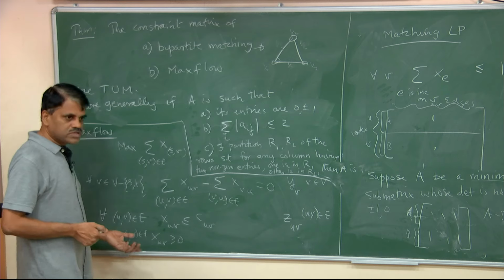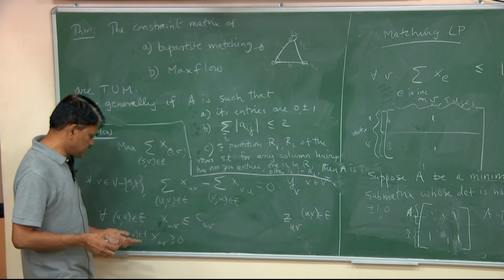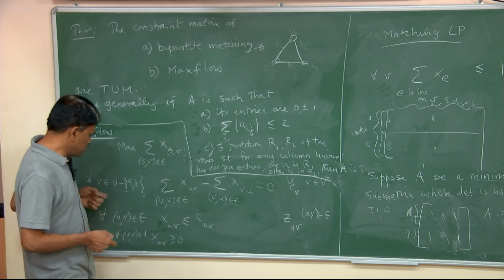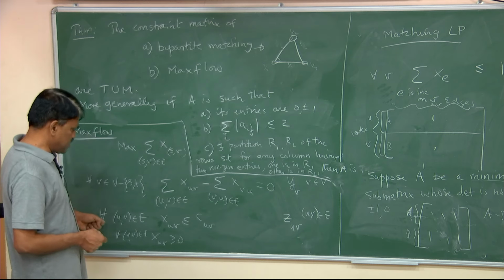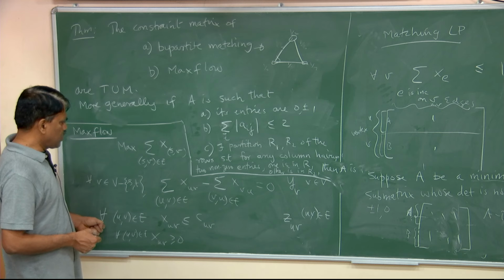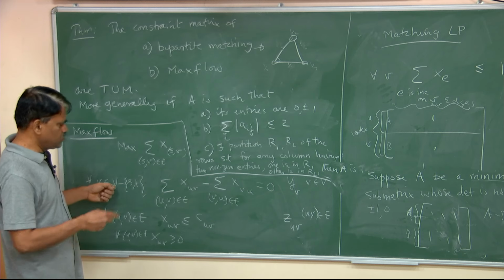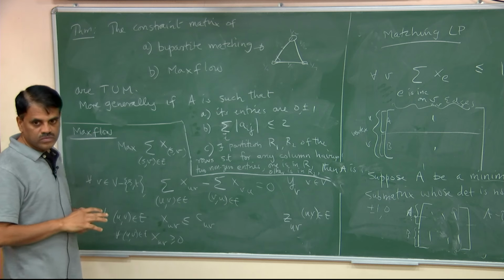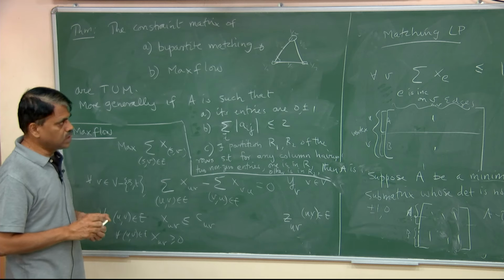So the constraint matrix is, the rows correspond to vertices and edges, and the columns correspond to vertices. You said B minus 2 number of rows. Yeah.